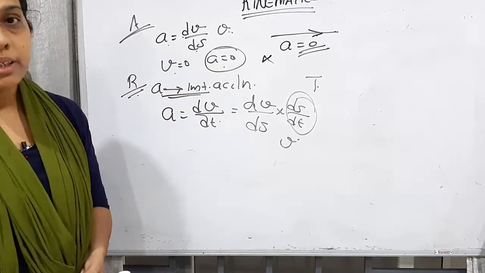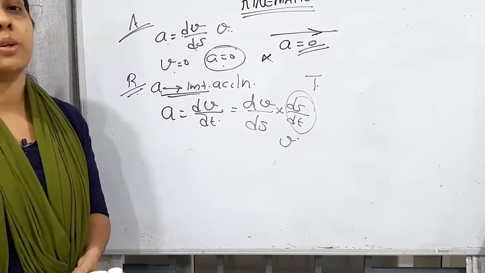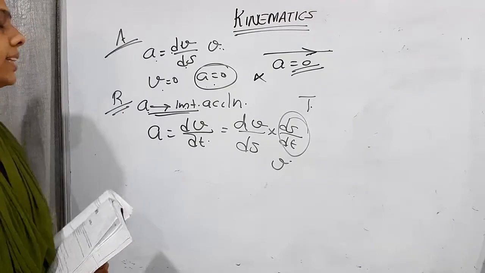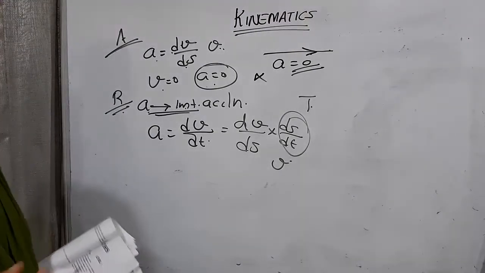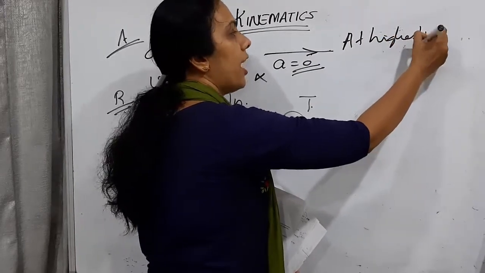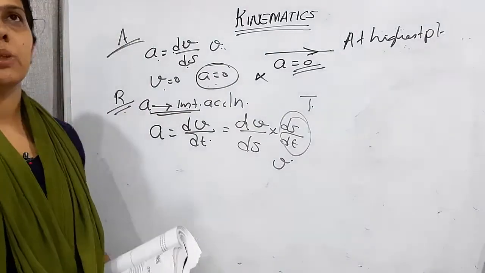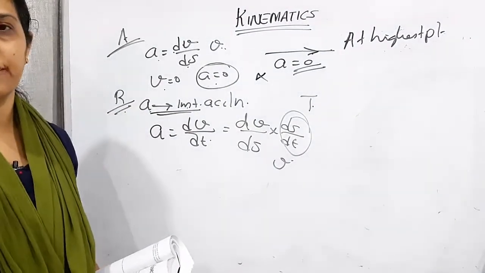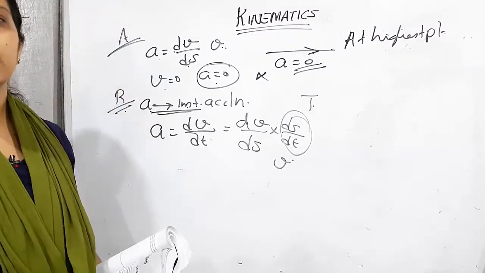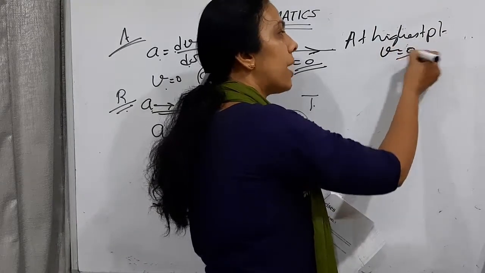If the object is moving with a constant velocity, then also acceleration will be equal to 0. And one more thing: if velocity is equal to 0 at the highest point, when I am throwing an object with a particular velocity and it reaches the maximum height, the velocity will be equal to 0 at the maximum height.